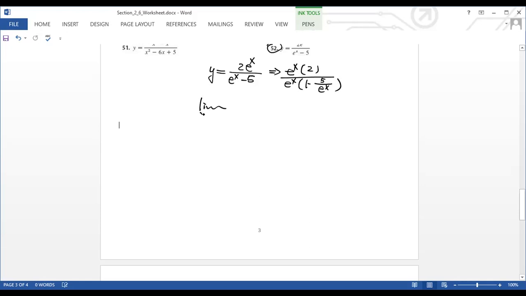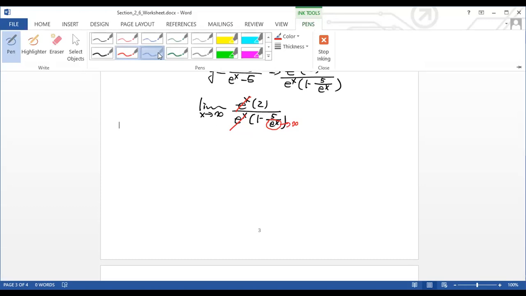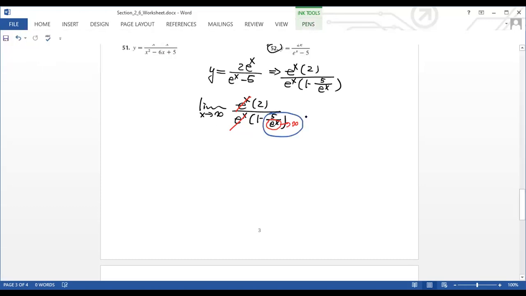When the limit as x approaches positive infinity, the e^x cancels out. When x approaches positive infinity, this number is going to infinity. If this number goes to infinity, the whole fraction goes to zero. So in here my limit approaches 2 over 1, so it's 2. This is one of the horizontal asymptotes.